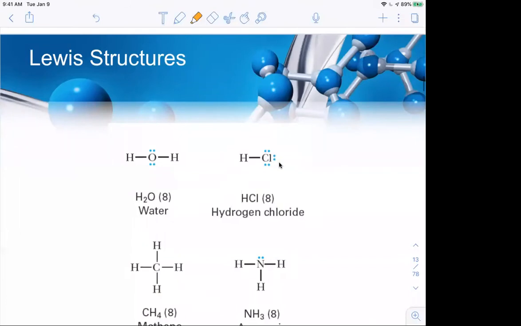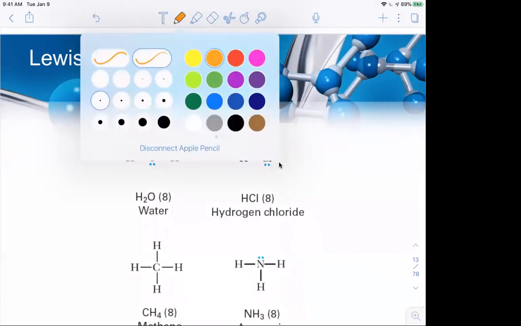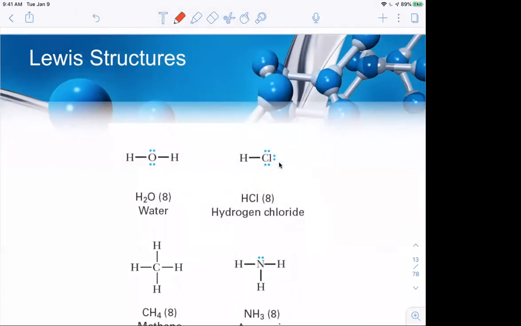So my Lewis structures are going to be things like this guy with water, remember oxygen has 6 valence electrons and it has the 2 hydrogens. So if I put them across, I'm just going to connect the dots.